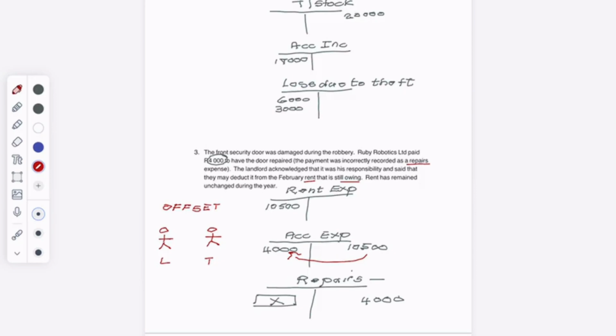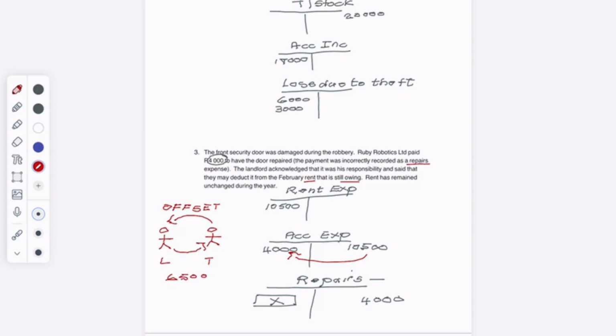The tenant owes the landlord rent, but at the same time the landlord owes the tenant the 4,000 Rand for the repairs. So instead of the tenant paying the landlord the 10,500 and then the landlord refunding the tenant the 4,000 Rand, what happens is the amounts get offset and just the net amount of the 6,500 Rand gets paid.